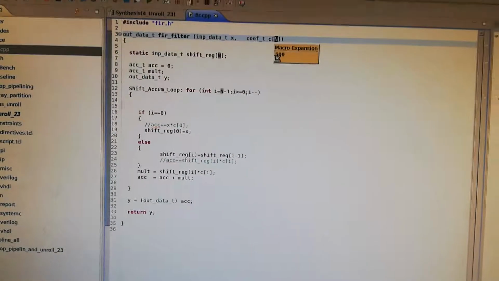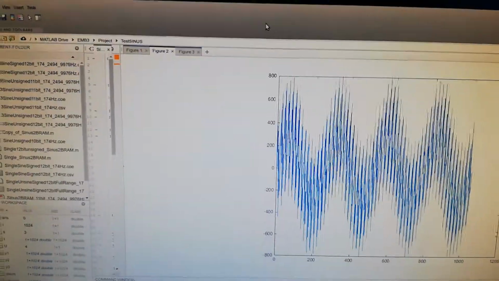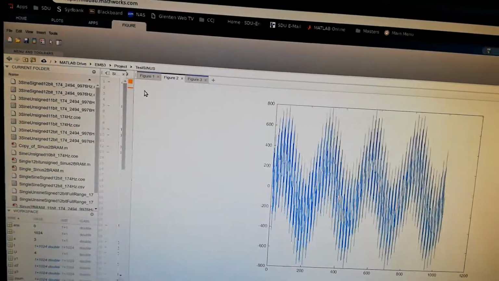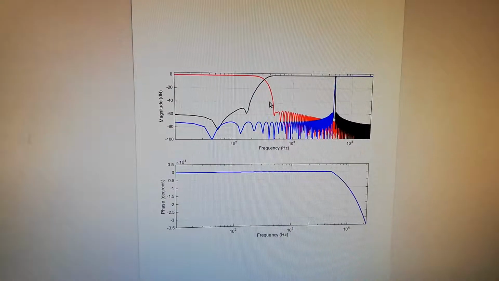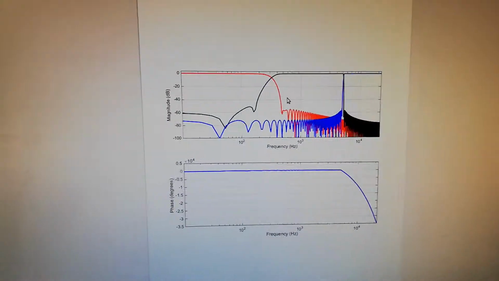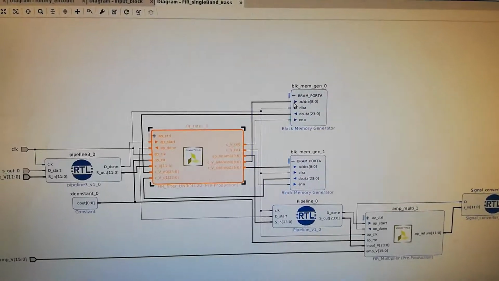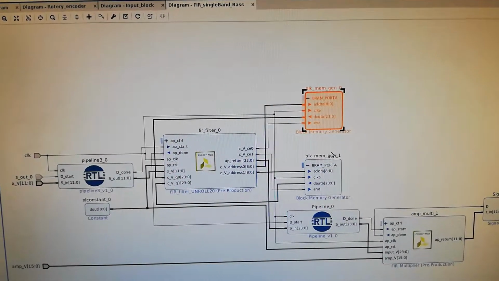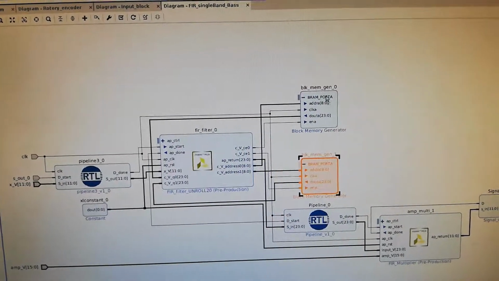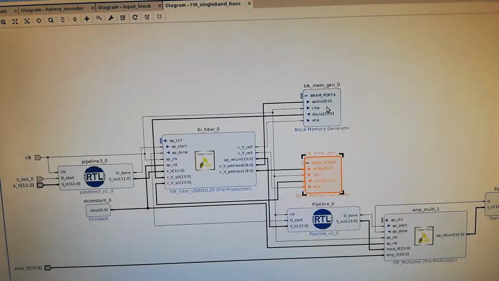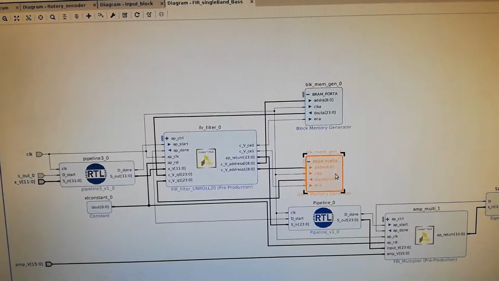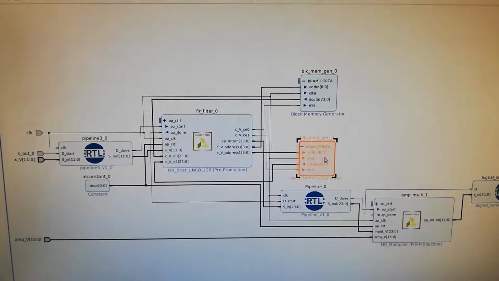The coefficients I've got from MATLAB, where I showed you the filters. So that's the coefficients that will make this filter. For the bass, that's put in here and here. Because I'm doing it this fast, I'm using 2 BRAMs, which have the exact same contents, so that I reduce the load time by half.